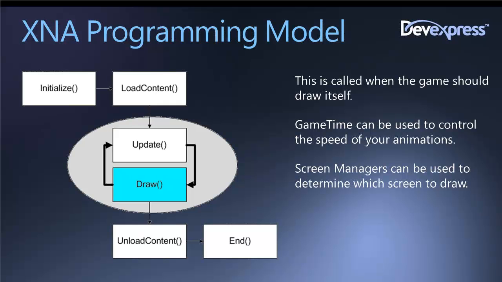And of course, there's the concept of game time, which we'll dig into a little bit more. Game time is used to control, among other things, the speed of your animations.